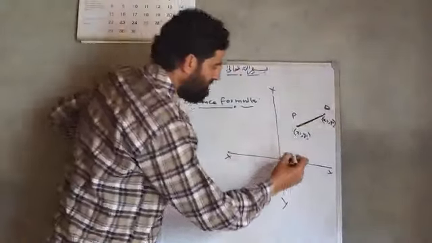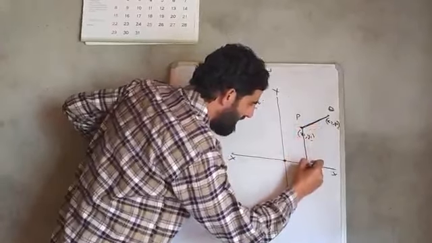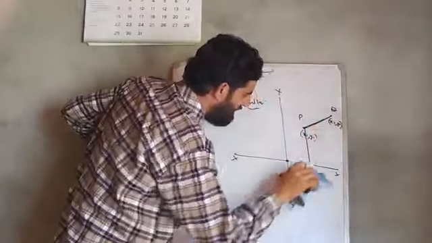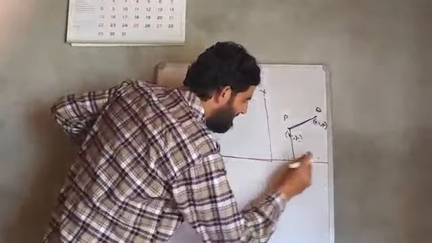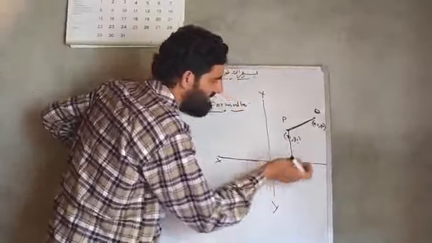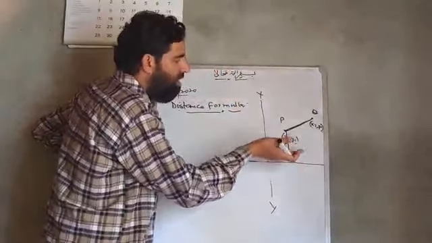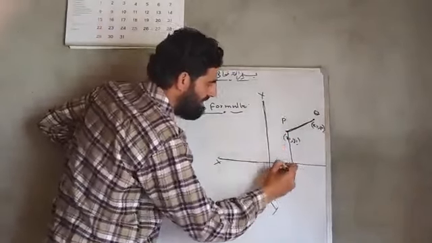Now let us draw the perpendicular from here. It is already clear that the x coordinate decides how much we have gone towards the right.